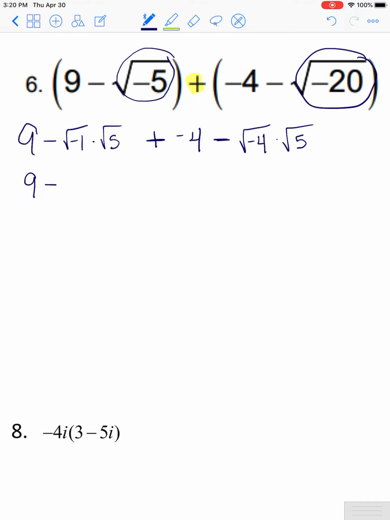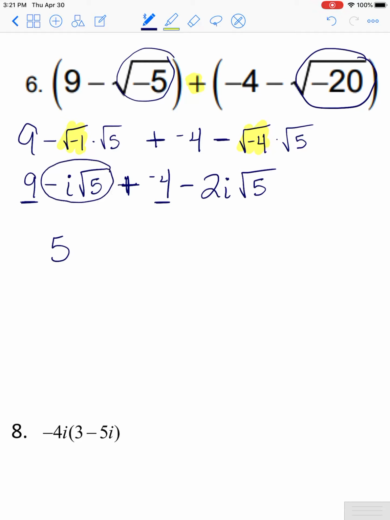So if I go through and simplify these, I get 9 minus the square root of negative 1, we know, is i, radical 5 I'm just going to keep, plus negative 4 minus, I can simplify this, 2i radical 5. Okay, now I'm going to look and say, what are my like terms? I have 9 plus a negative 4, which simplifies to 5. Now I'm going to look at these here.